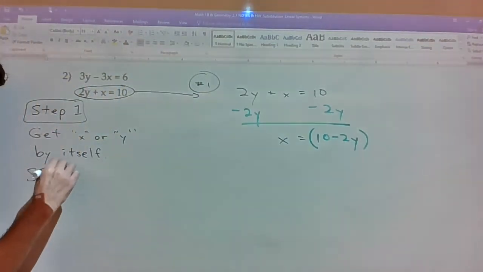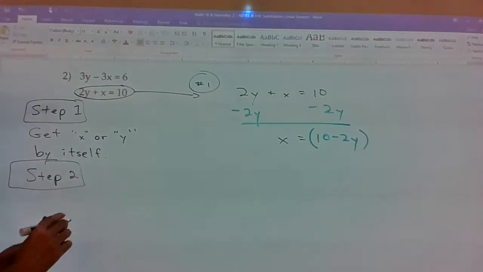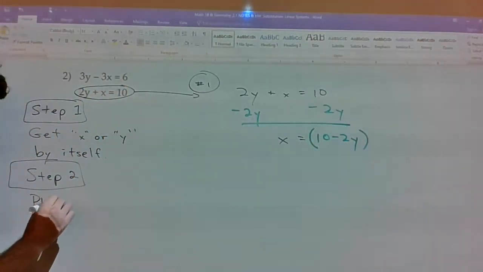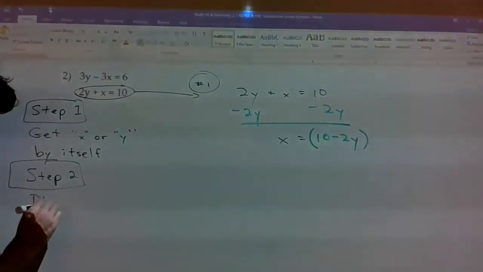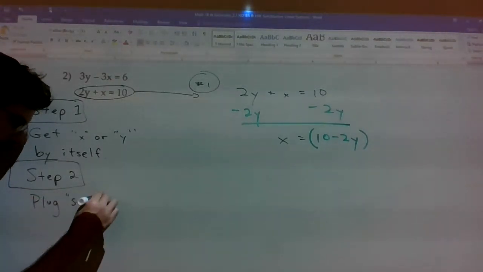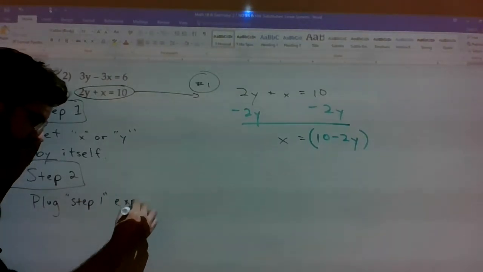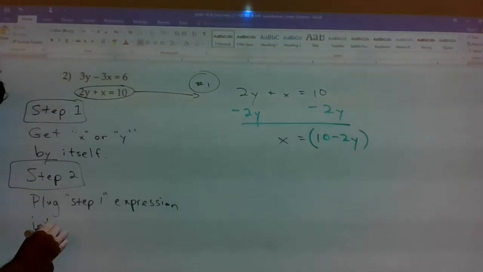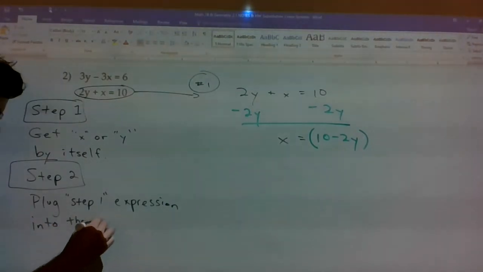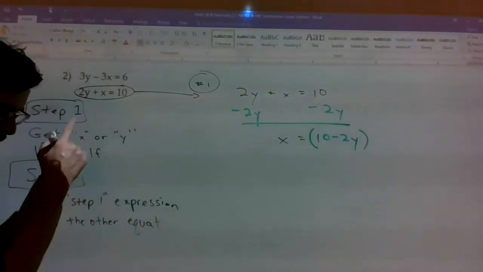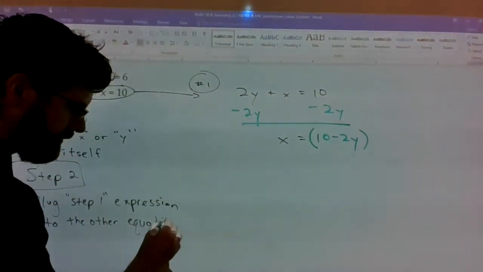Step 2. This is where we plug the step 1 expression into the other equation. So you don't have to keep writing this step-by-step process down if you've got it written.